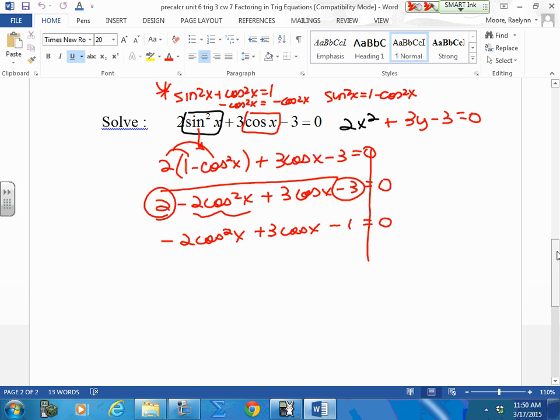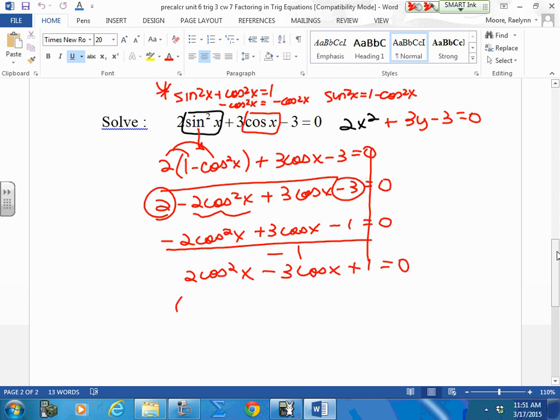Now, in order to factor this, you need a to be equal to 1. So let's divide everything by a negative 1. Just change the signs of everything. Now you can factor.